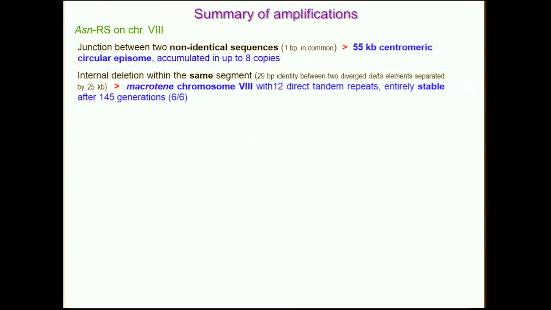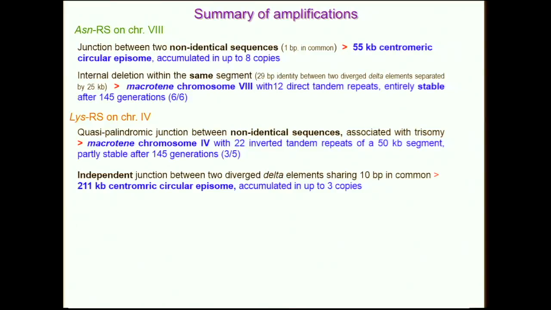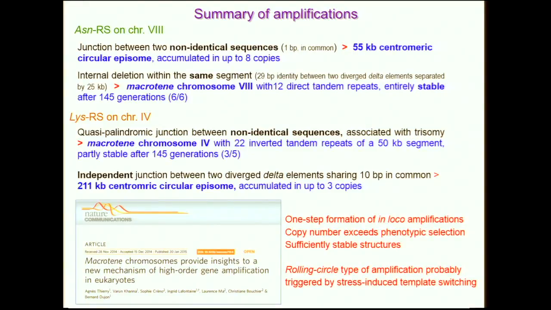So the summary at this point is that we have junctions between non-identical sequences forming a tandem repeat, or forming an inverted repeat at this point. We published this paper, as Jim already showed, concluding that this type of rolling circle amplification is probably triggered by the stress that we impose.